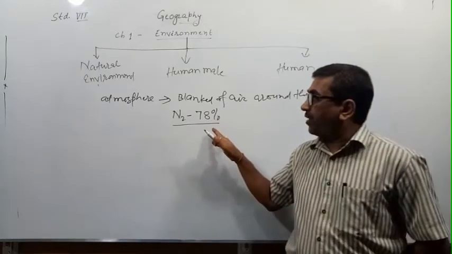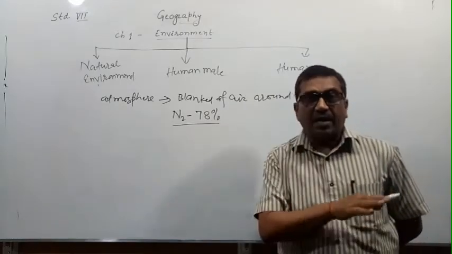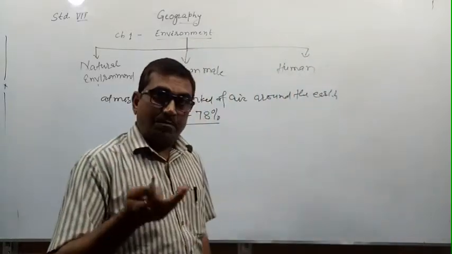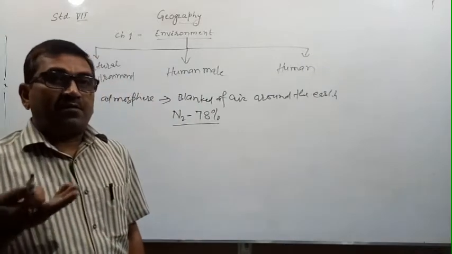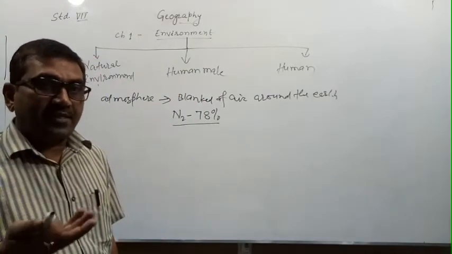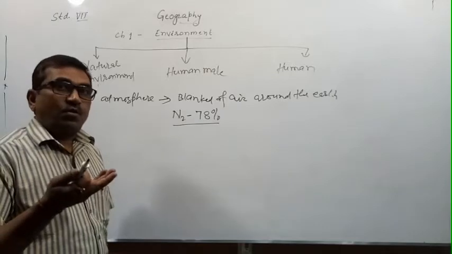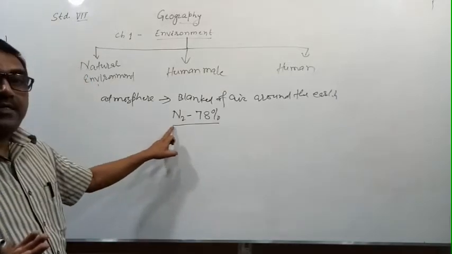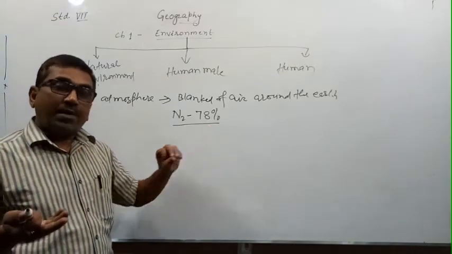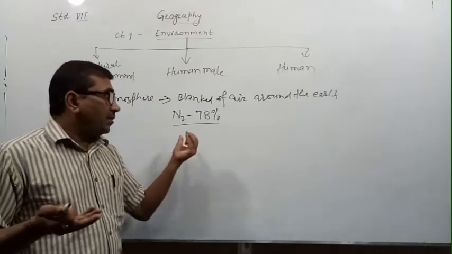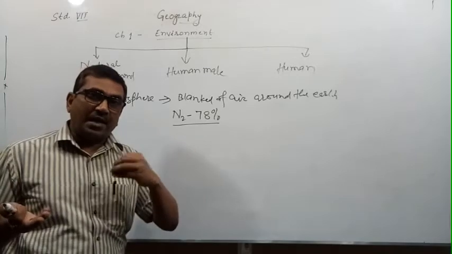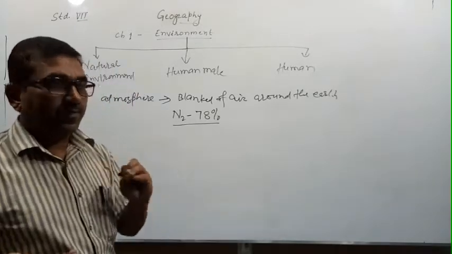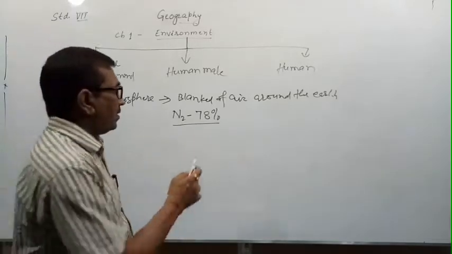Plants use atmospheric nitrogen indirectly for the synthesis of protein. We people discuss that protein is necessary for growing children. So nitrogen is 78%. Plants use this atmospheric nitrogen indirectly, and from plants we use it in the form of protein. It means it has importance.